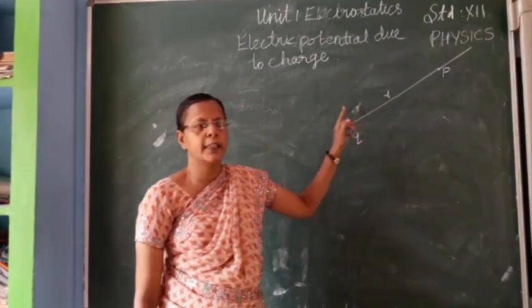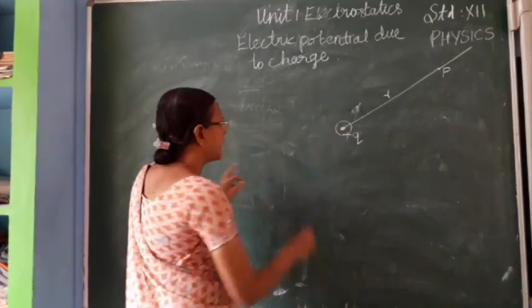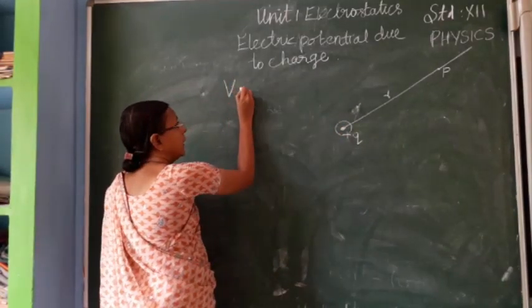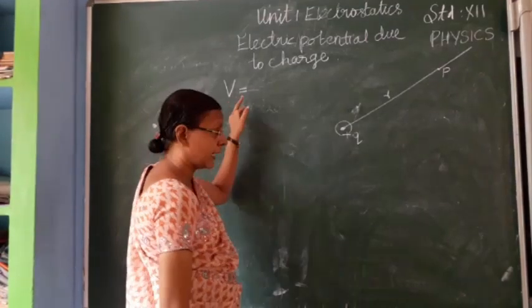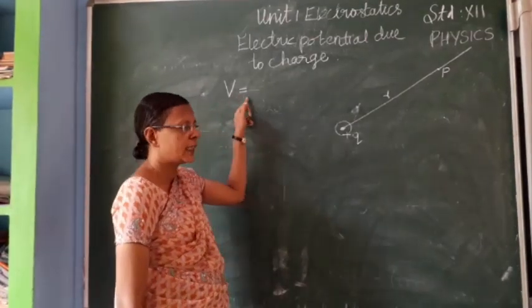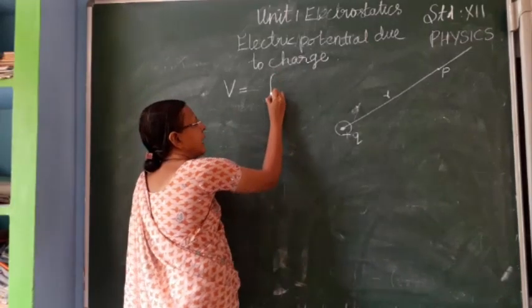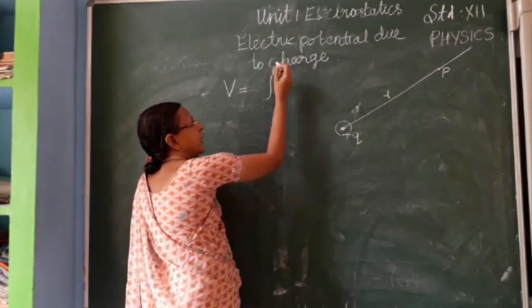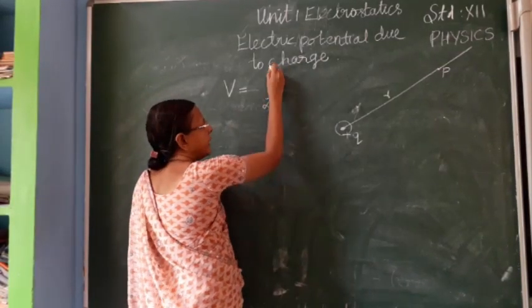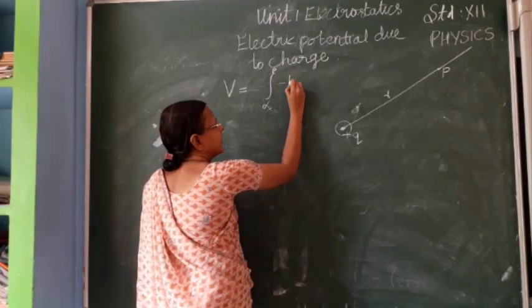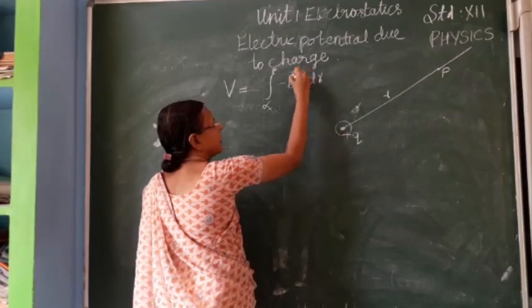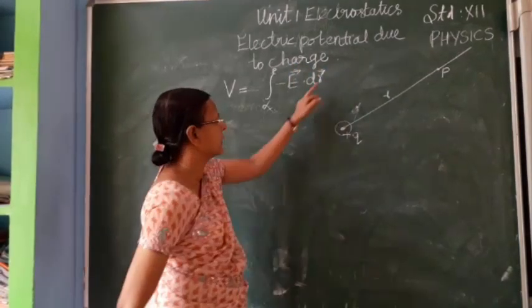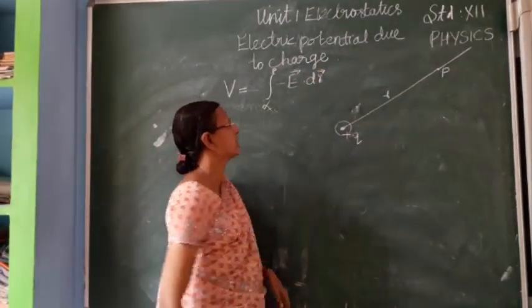R is the distance. In the last class, we have learned the potential difference, electric potential. Electric potential V is equal to integral from infinity to P of minus E dot dr. E is a vector quantity, and this displacement is also a vector quantity.